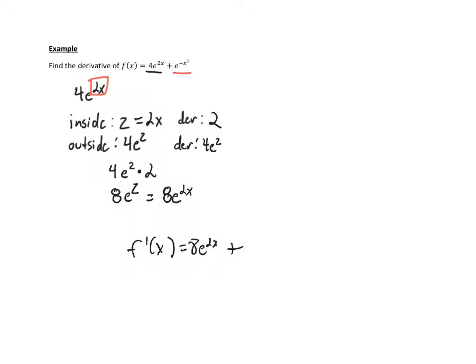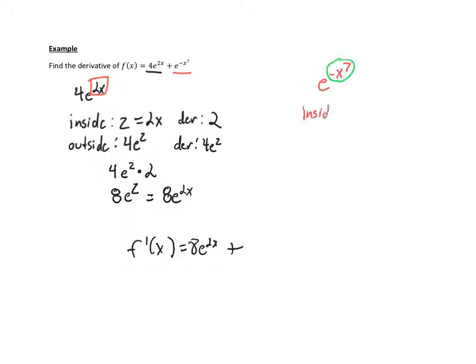Now we need to figure out this right side, what its derivative would be. So we need to do e to the negative x to the 7th. To me, this negative x to the 7th is something more than just an x, so that's going to be our inside.